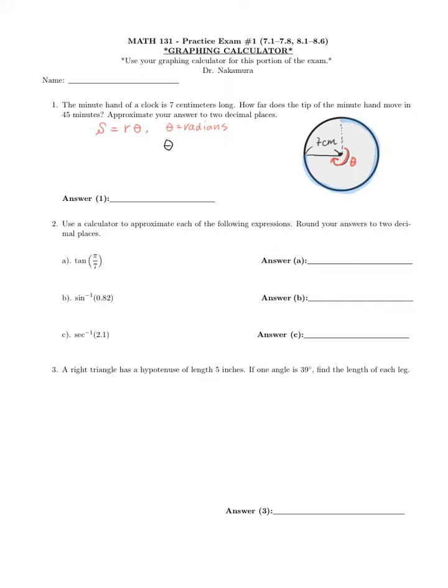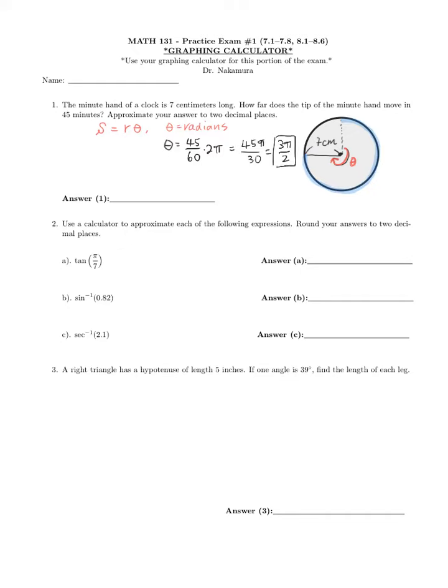So theta equals 45 minutes out of 60, and then you're going to have to multiply here by 2 pi. So what do we get here? We get 45 pi. I'm going to cancel the 2 and a 60, and here you're going to have 30, which is 3 pi over 2.